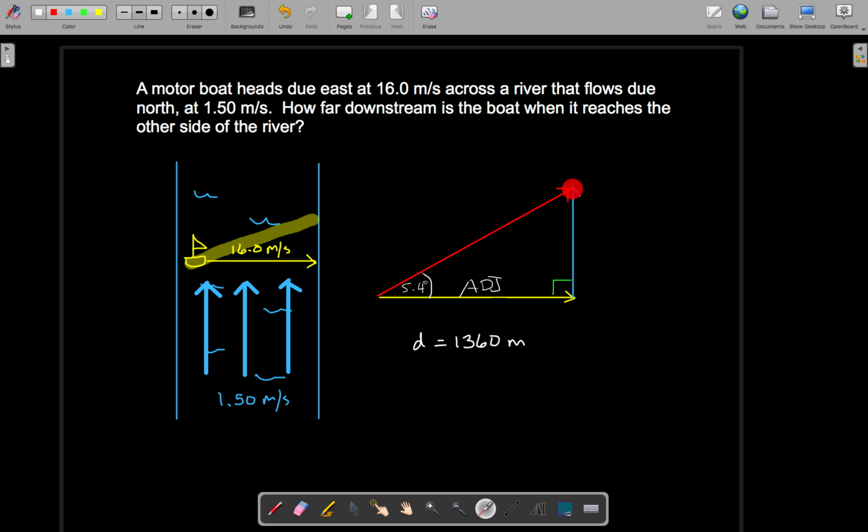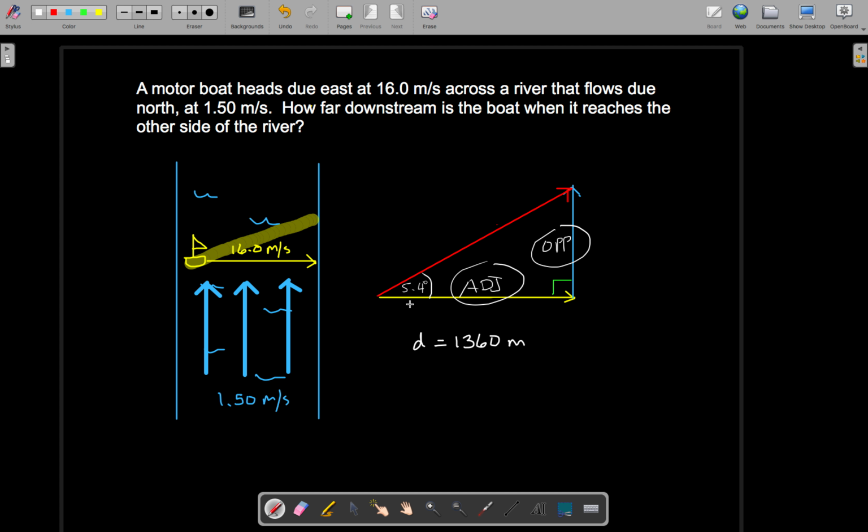So in other words, we want to know how far downstream. If the boat landed here, how far is this from where its original landing point was supposed to be? And so we're looking for this side in particular. We're actually looking for the opposite side of the triangle, as this side is opposite of the angle itself.